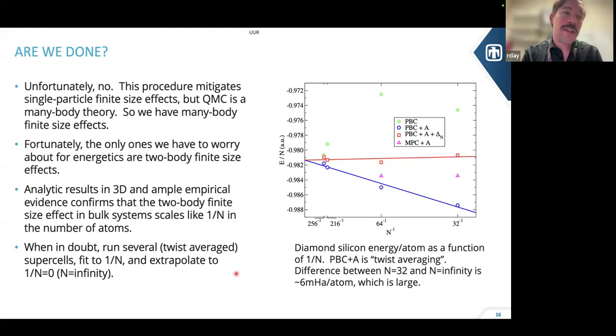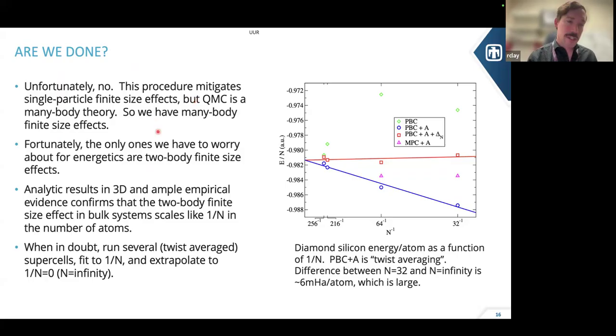So basically, the twist averaging procedure in QMC mitigates the single particle finite size effects, which we've belabored quite a bit so far. But the entire reason we're doing QMC is that it's a many body theory. And so, shocker, we have many body finite size effects.